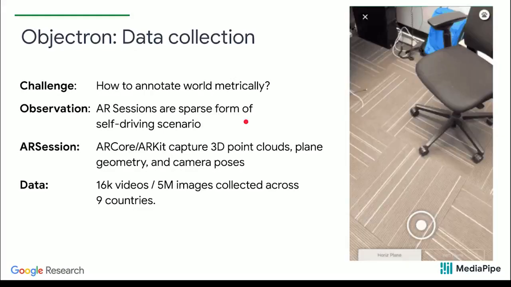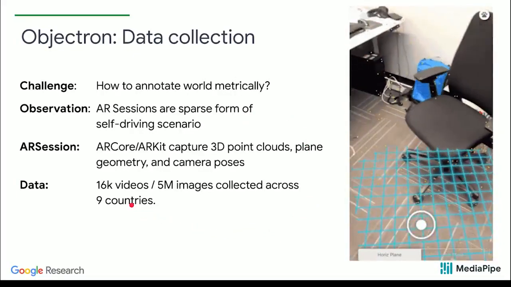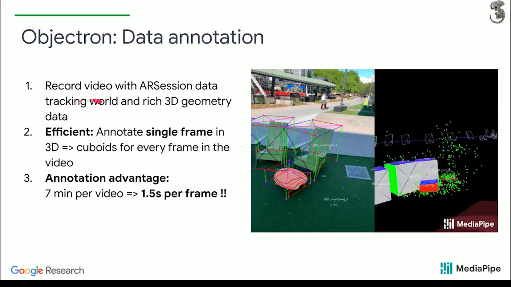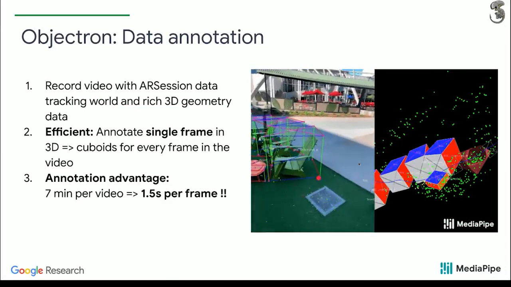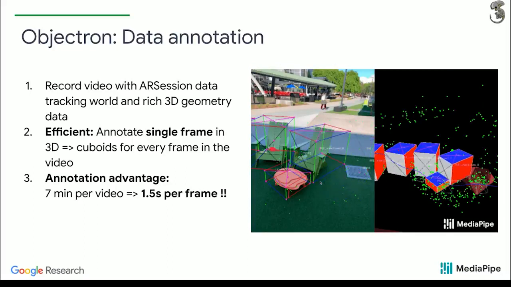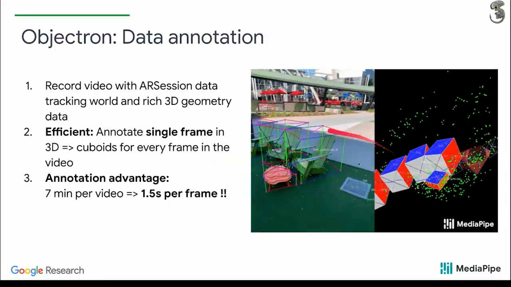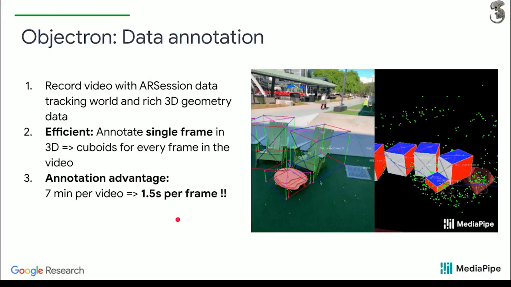And so we wrote a capture application to collect roughly 16,000 videos, and then an annotation tool where annotators simply annotate a single frame with a cuboid. And because we have the 6DoF ground truth camera pose across the whole video, we can then propagate it to all the adjacent frames. It's a very efficient way to annotate a video sequence with many, many objects.